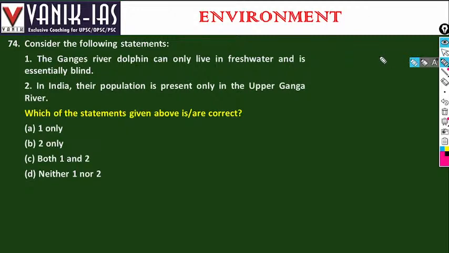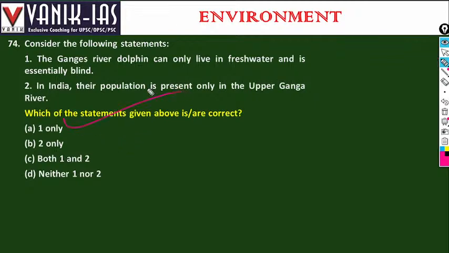The Ganges river dolphin can only live in fresh water and is essentially blind. In India, their population is present only in Upper Ganga river. Which of the following statements are correct with respect to the Ganges river dolphin?